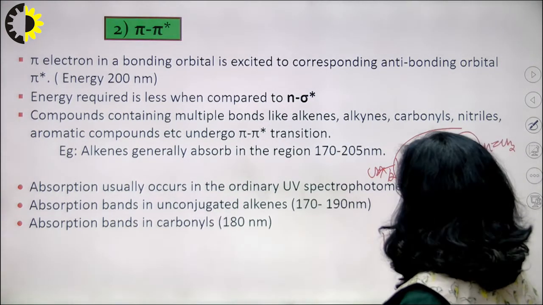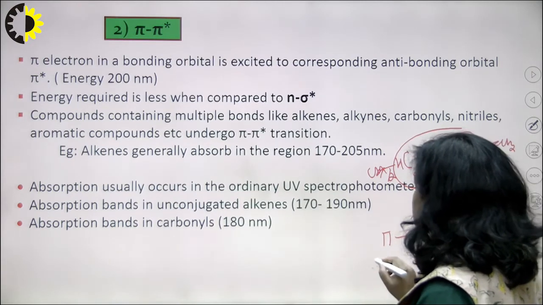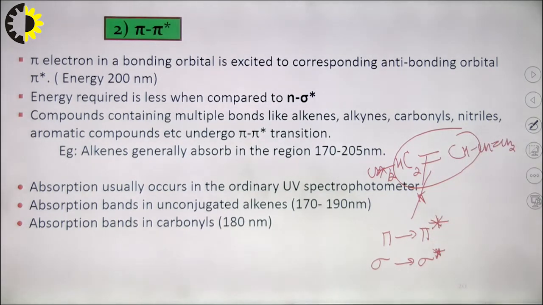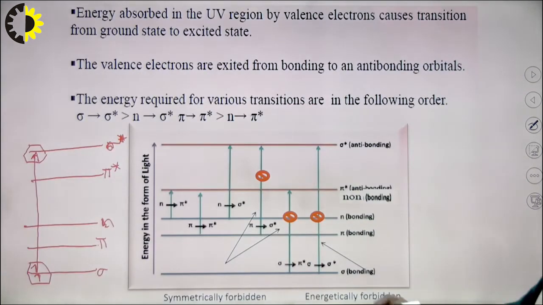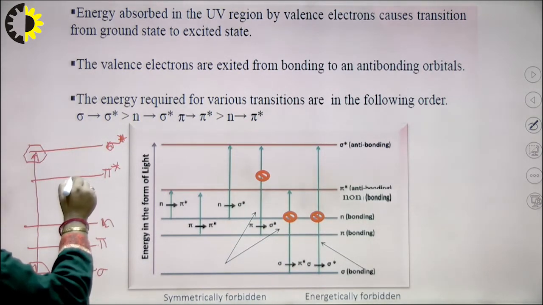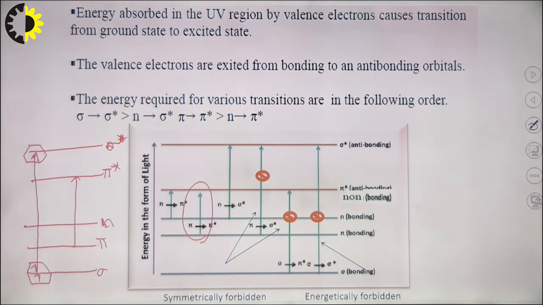Pi to pi star, and we know that pi bond is always formed after the sigma bond. So, there may be sigma to sigma star. So, a pi electron in a bonding molecular orbital is excited to the corresponding anti-bonding molecular orbital, which is pi star. In this case, pi to pi star.